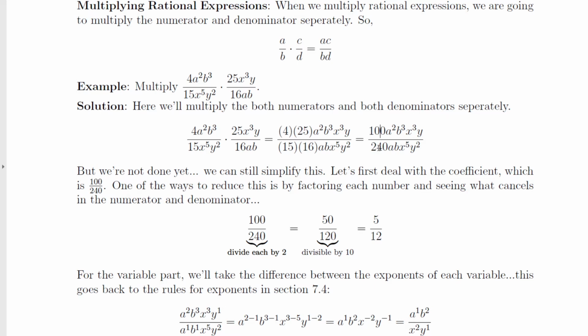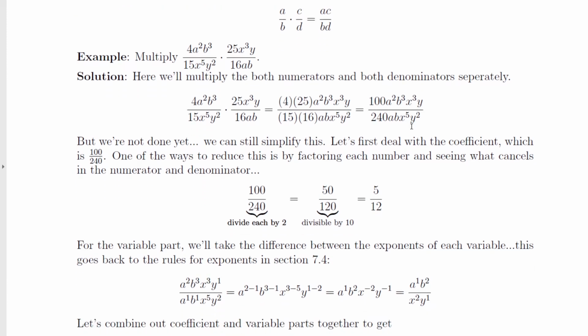Another thing to do is notice how this is 100 and 240. You can just knock a 0 off the back of both of those, and you'll get 10 over 24, and then you can divide it by 2. So I did it a little differently down here. I divided by 2 and then divided by 10. You can divide by 10 and then divide by 2, and you'll still get 5 over 12. So we're just reducing this 100 over 240 down into an equivalent fraction that just has smaller digits in the numerator and denominator.